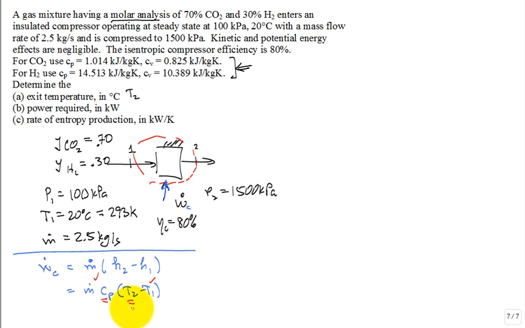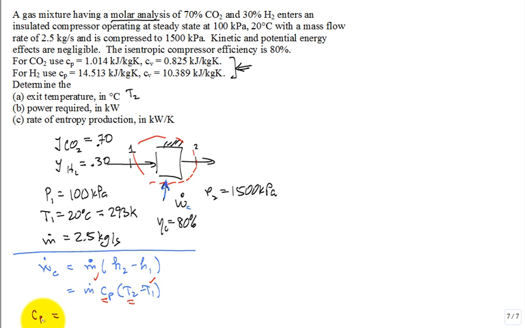Okay, so how about the specific heat of the mixture? C sub P of the mixture. Now, sometimes I'll explicitly put MIX, but this textbook doesn't like a lot of long subscripts. And so I'm tempted to always put mix on it, but when you don't see a subscript, it means it's for the mixture. C sub P for the mixture. Well, I need this not on a molar basis, but on a mass basis.